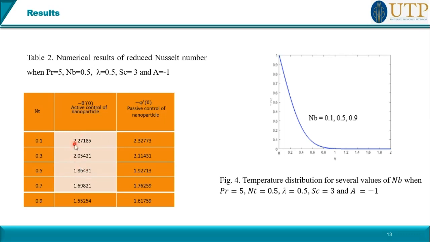As we see, this decreases and this decreases. This is due to thermophoresis accelerating the diffusion of nanoparticles and causing an increase in thermal boundary layer thickness.